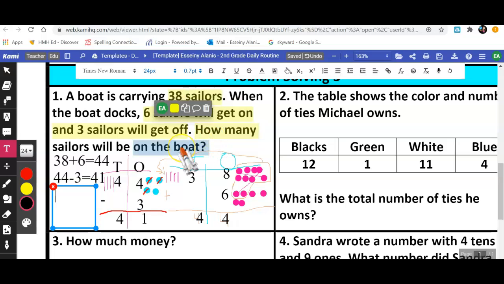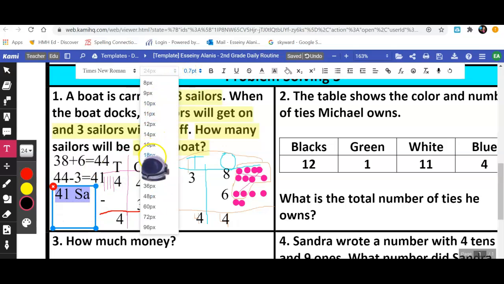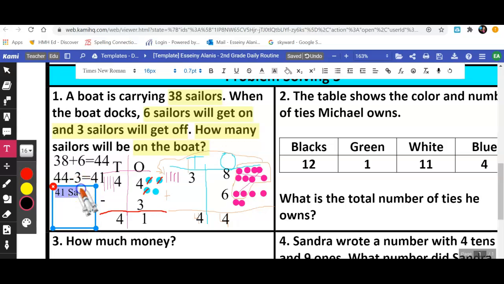How many are on the boat? 41. And let me make it smaller. 41 sailors are on the boat. There are 41 sailors on the boat.